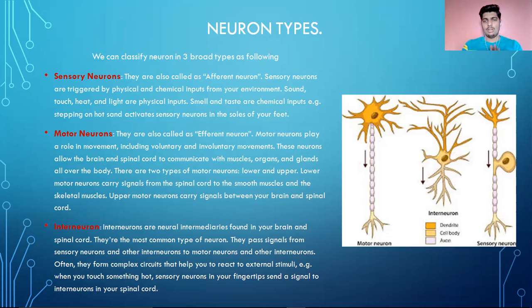Motor neurons play a role in movement, including voluntary and involuntary movements. These neurons allow the brain and spinal cord to communicate with muscles, organs, and glands all over the body. Here we can see voluntary and involuntary movements. The movements of the human body are classified like this. Voluntary means we are willing to do that.